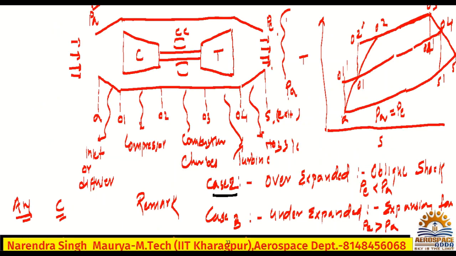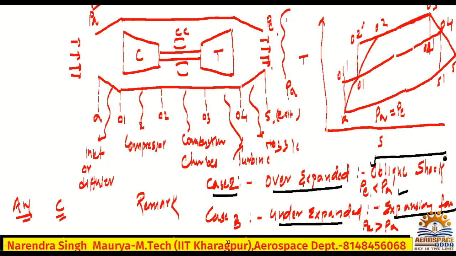Case 2, overexpanded means PE less than PA. This is called overexpanded. Case 3, underexpanded. In overexpansion, you may get an oblique shock. This is a 1 mark question they can ask any time, where PE is less than PA. Underexpanded, you may get an expansion fan.